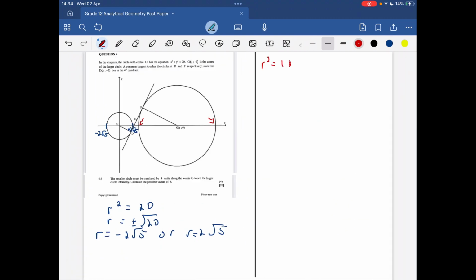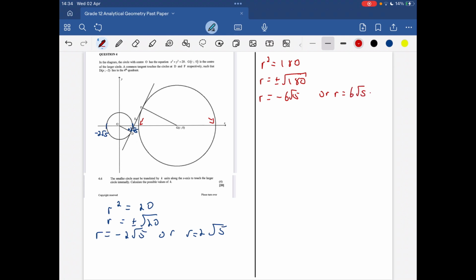So r squared is 180, meaning that the radius r is plus or minus the square root of 180. Now the square root of 180 is 6 root 5. So the radius is either negative 6 root 5 or positive 6 root 5.